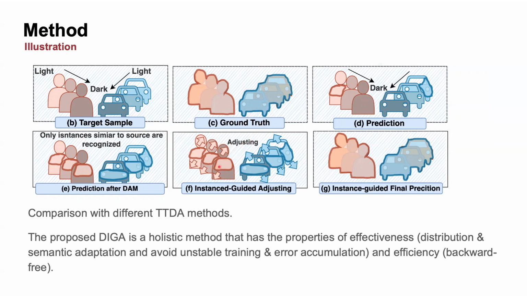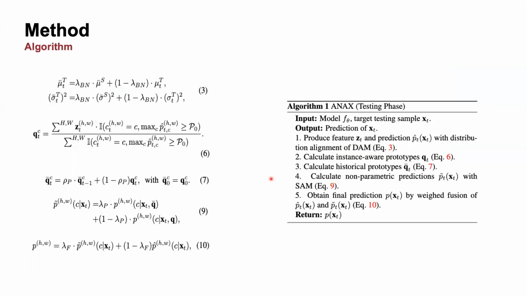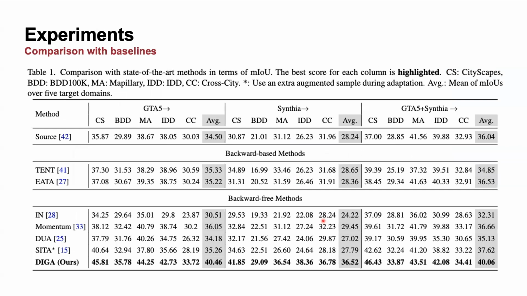So based on this, we can use prototypes to find the rest of the area. So this is our algorithm. It is generally in two steps. In the first step, we would align the distribution with the BN layers. Then we would calculate the prototypes and give the final prediction. In these results, we can see that our performance is the best across all combinations of the source and target data.